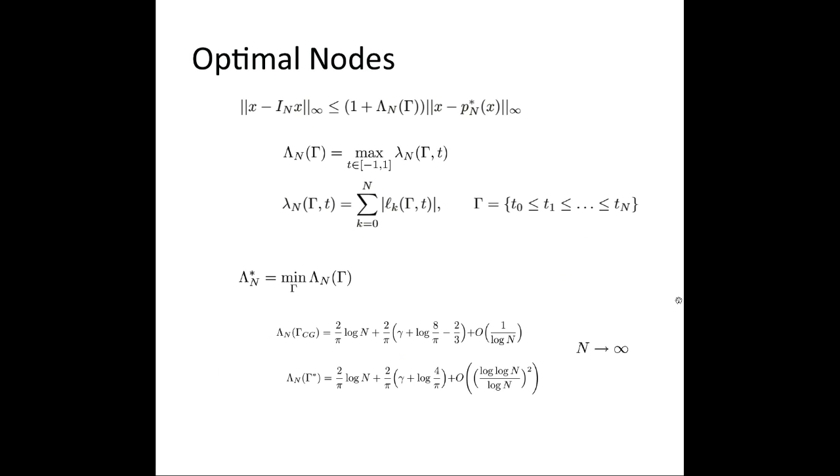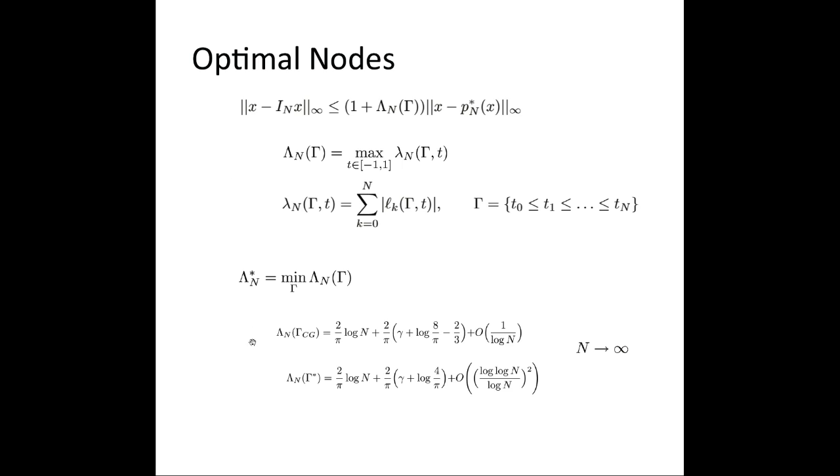So for the optimal nodes, we see that the error in the interpolating polynomial is bounded according to these certain rules.